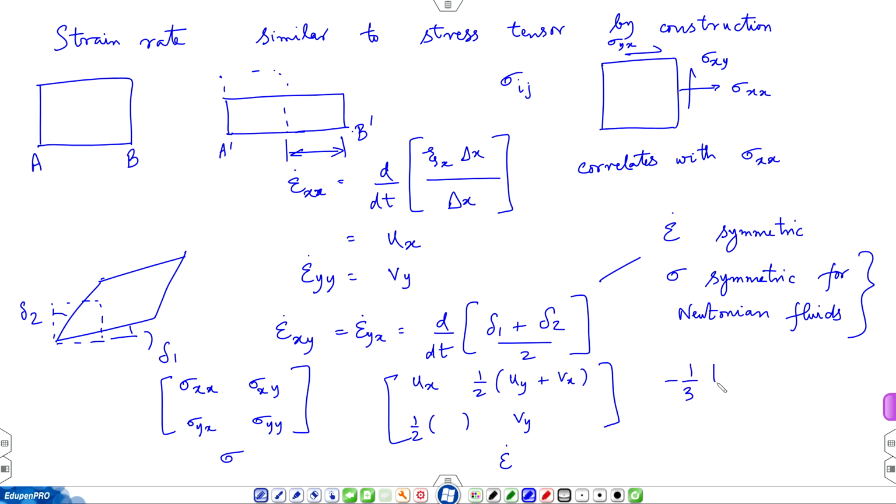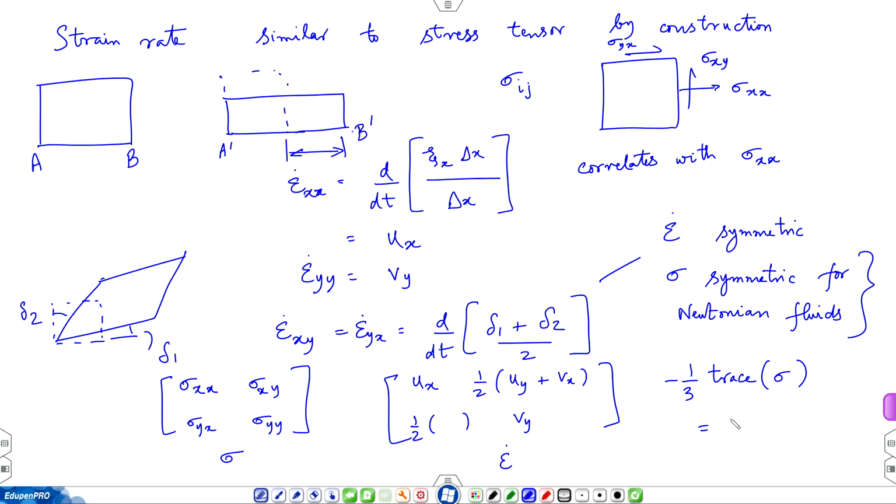So, minus 1/3 trace sigma, how much will it be? Trace sigma is sigma xx plus sigma yy, maybe sigma zz.